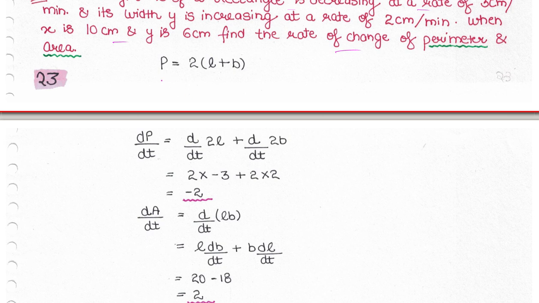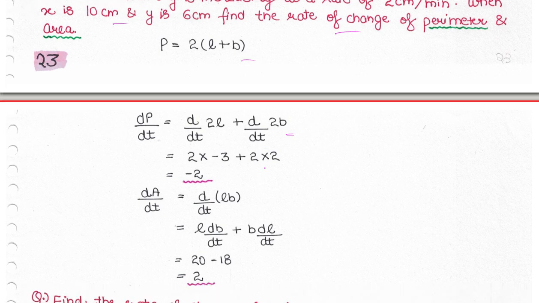So the perimeter we can write P is equal to 2 into L plus B. So the rate of change of its perimeter, that is dP/dt, is equal to d/dt of 2L plus d/dt of 2B. So putting these values, we can find dP/dt is equal to minus 2.